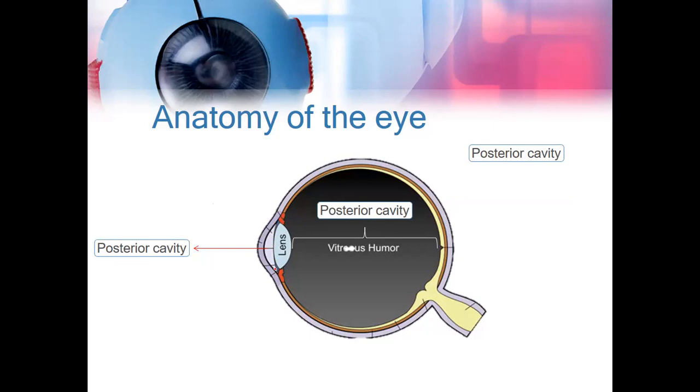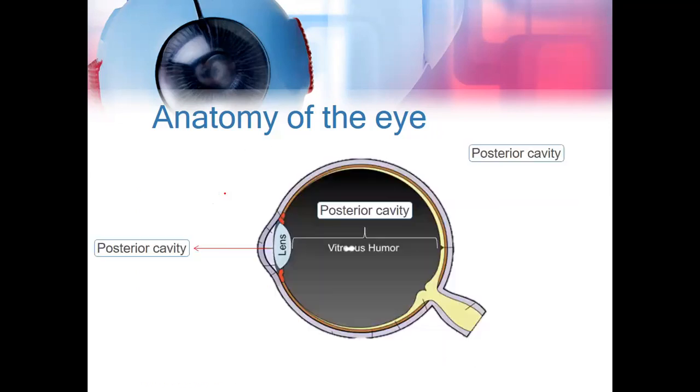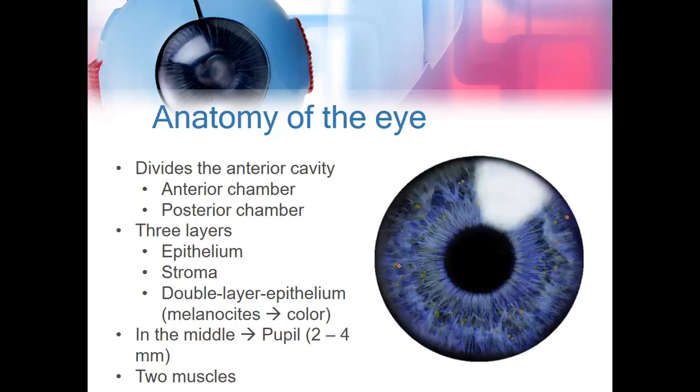So there's a space between the cornea and the lens, and the iris divides the anterior cavity, sorry again for the mistake. This is the anterior cavity, right? It divides the anterior cavity into anterior and posterior chambers. We're going to take a closer look in our next slide, I think.